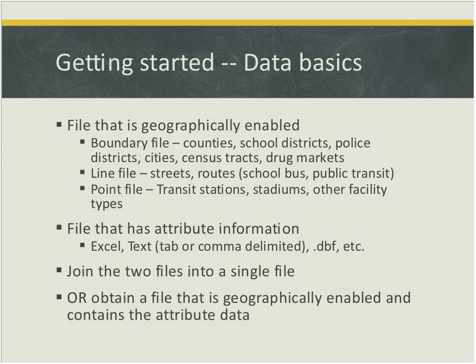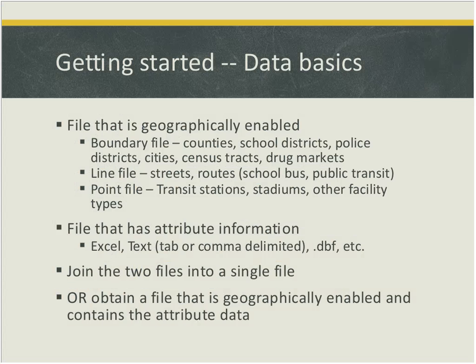So when you sit down to try to do an analysis, you're going to need to have a geographically enabled file. That geographically enabled file could be a boundary file of things like counties or school districts, police districts, census tracts, drug markets. Really, it could be anything that you're interested in studying, right?